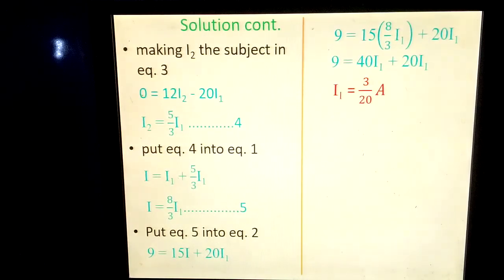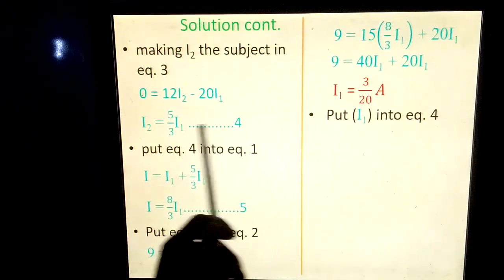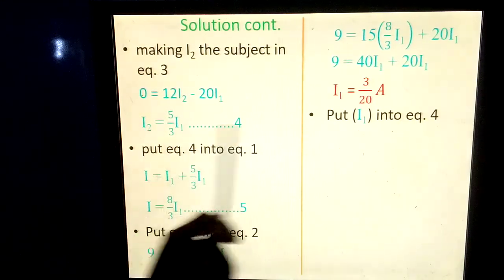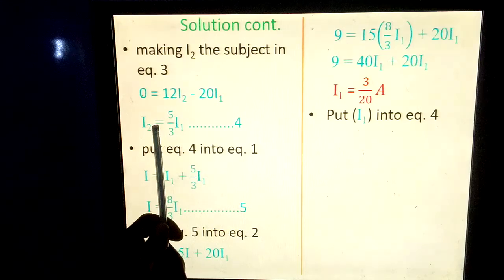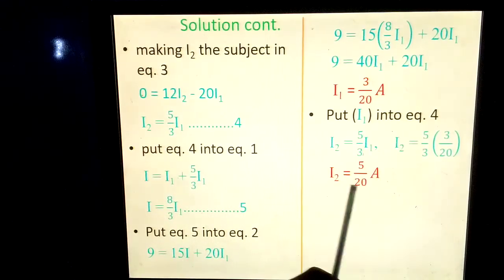Then we substitute the I1 we have found into equation 4 so that we can find I2. When we put it here and we solve, finally we get I2 to be equal to 5/20 ampere. That is the current I2.